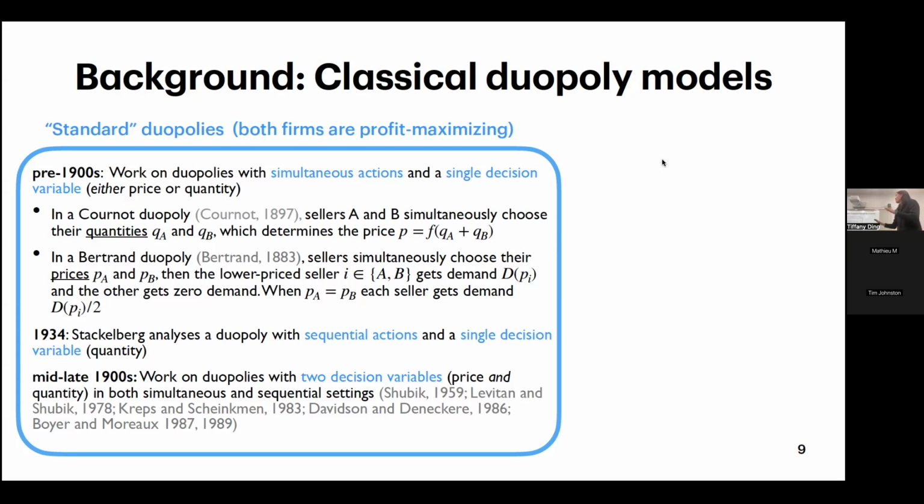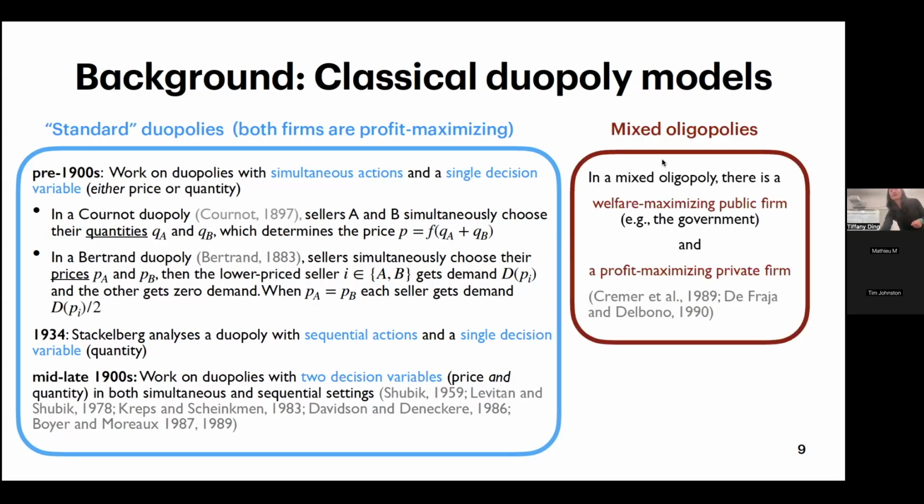That was all work on settings where both firms are profit maximizing. There has also been some work on mixed oligopolies, where instead of two profit maximizing firms, you have one profit maximizing firm and another firm that's welfare maximizing. You can think of this as the government. They are not solely seeking to maximize their own profit, but care about the welfare of the consumers.